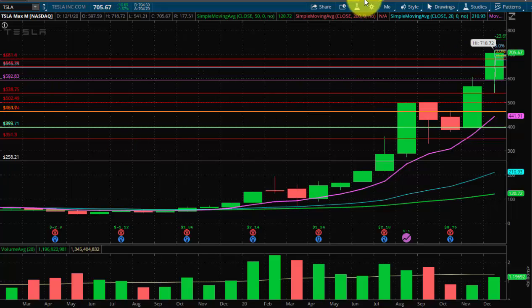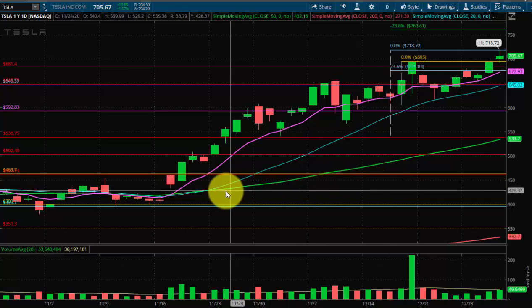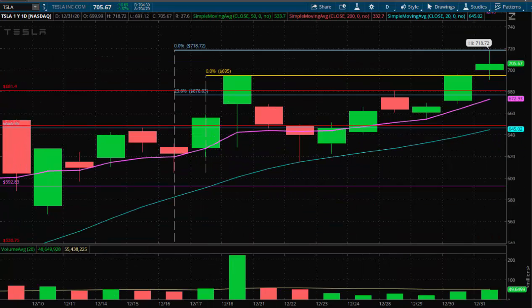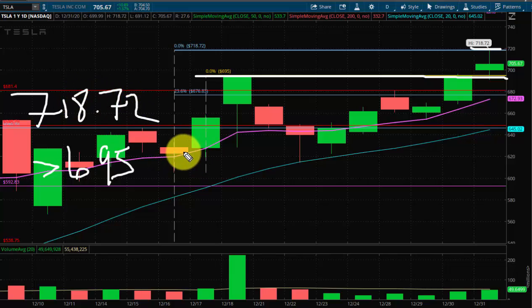Now, let's look at it short term because I want to give you guys an idea of what I'm looking for day trades. Tesla, the big resistance that we're breaking above is 695. Okay. And then the resistance from the Friday candle, so the last trading day of 2020, is this 718.72. Okay. So in order to keep moving up, obviously that's what needs to break.